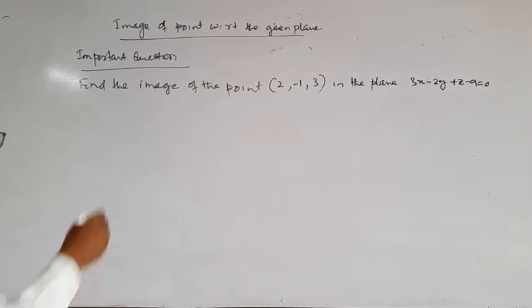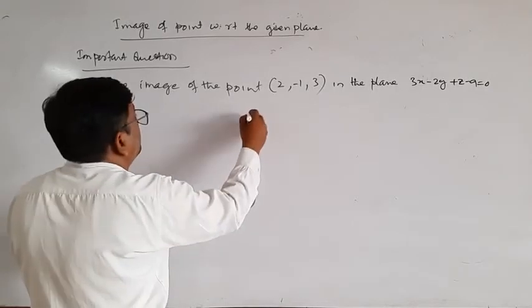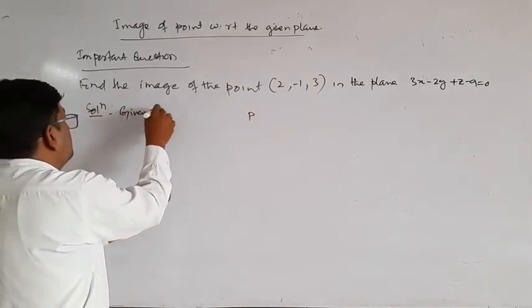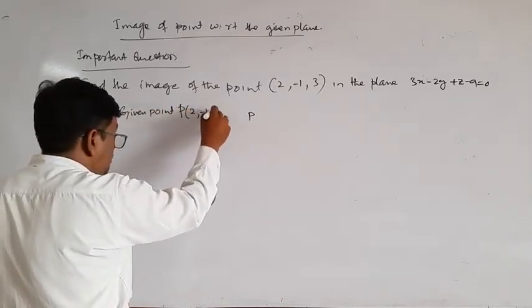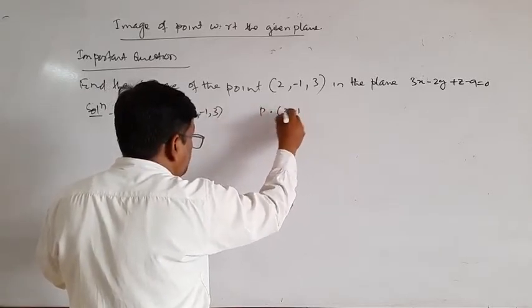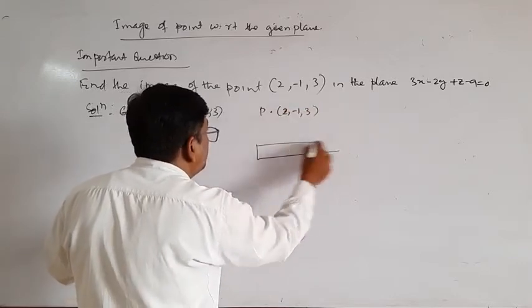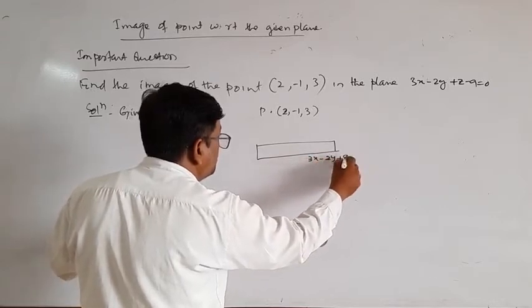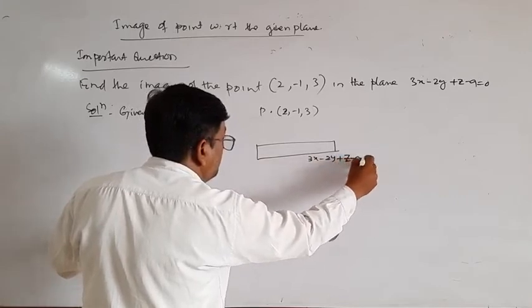Now, solution. Given point P (2, minus 1, 3), and the plane is 3x minus 2y plus z minus 9 is equal to 0.